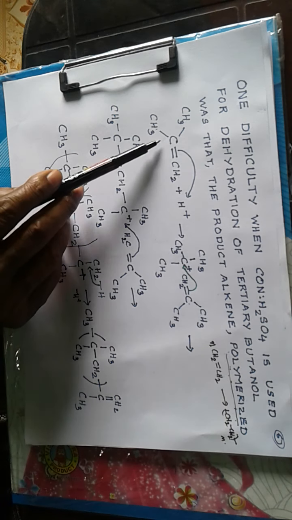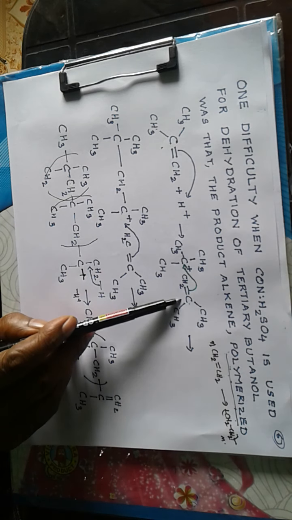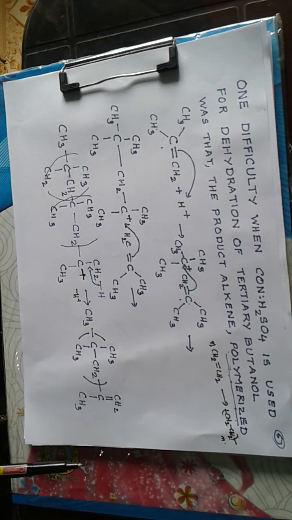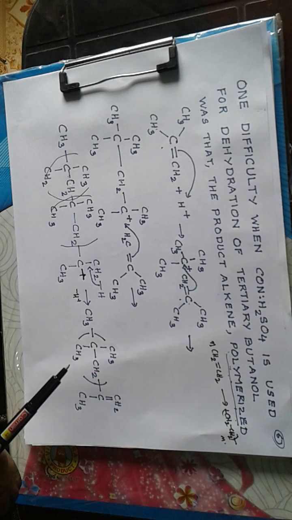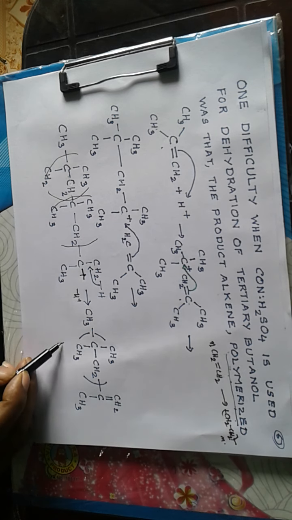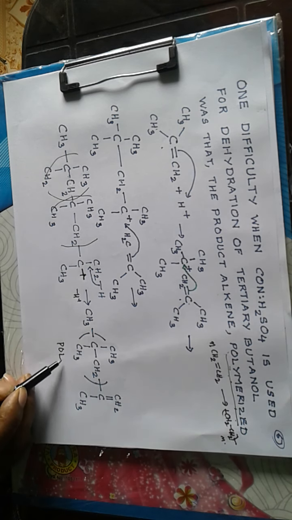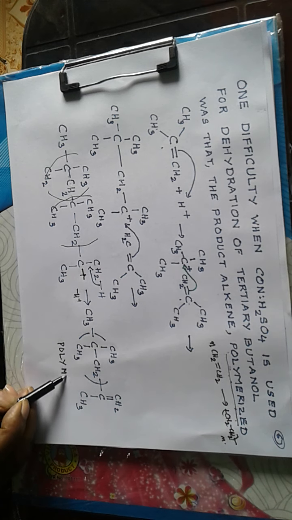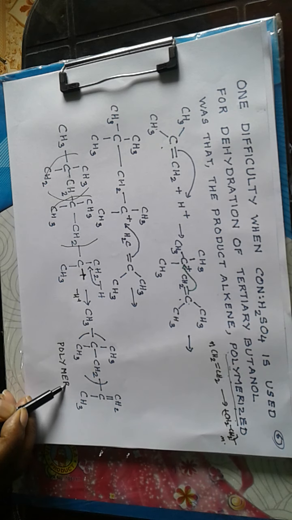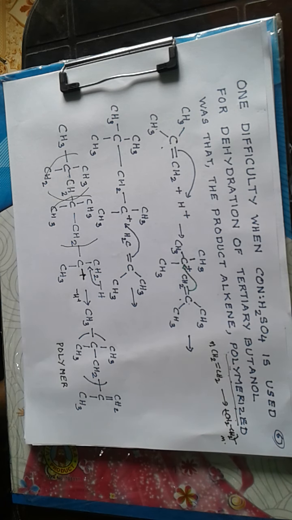So this is a simple molecule, it unites with itself and produces a large molecule, and that product is called a polymer. And again, you need not study these reactions, but remember such reactions, and you take down these steps.